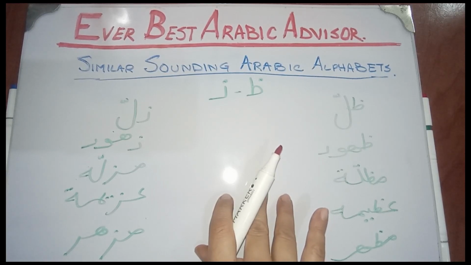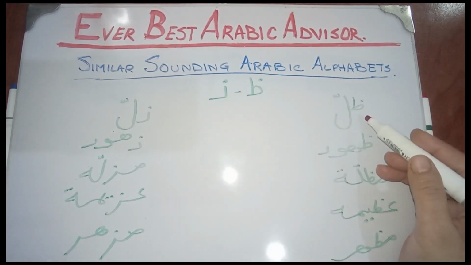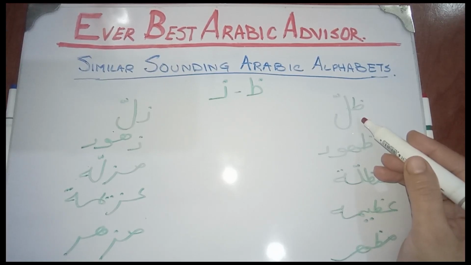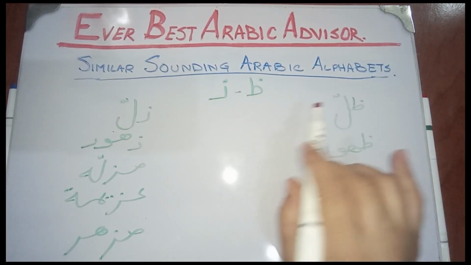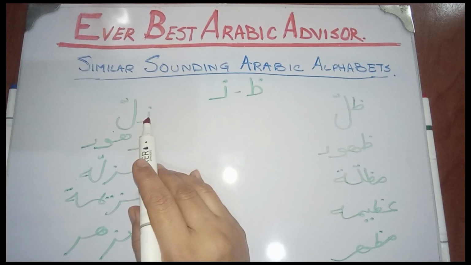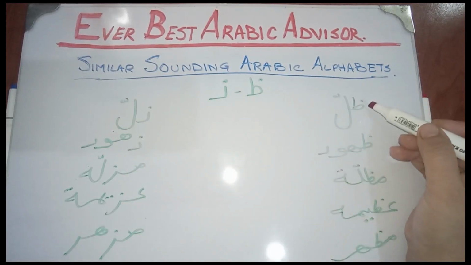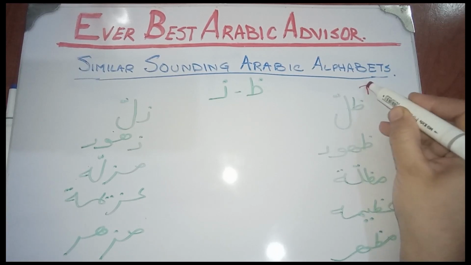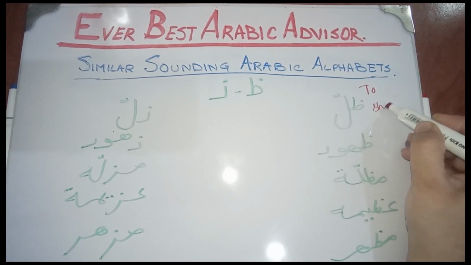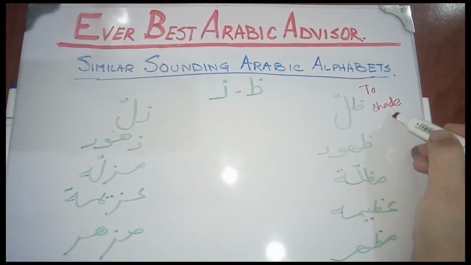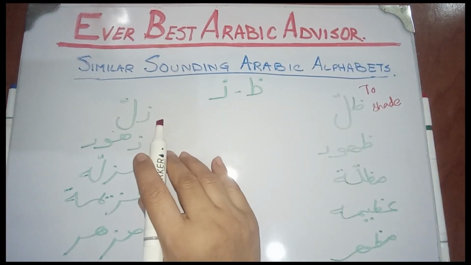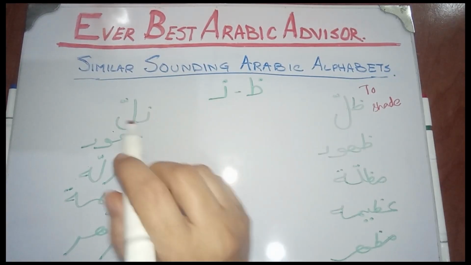Let's start practice. The first word is zol. It is zo, zol, and it is za, zal. The meaning of zol is to shade. And the meaning of zal is to be wrong.